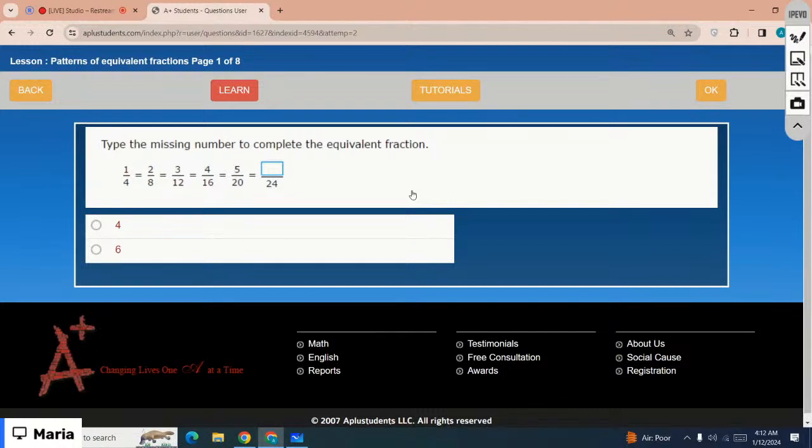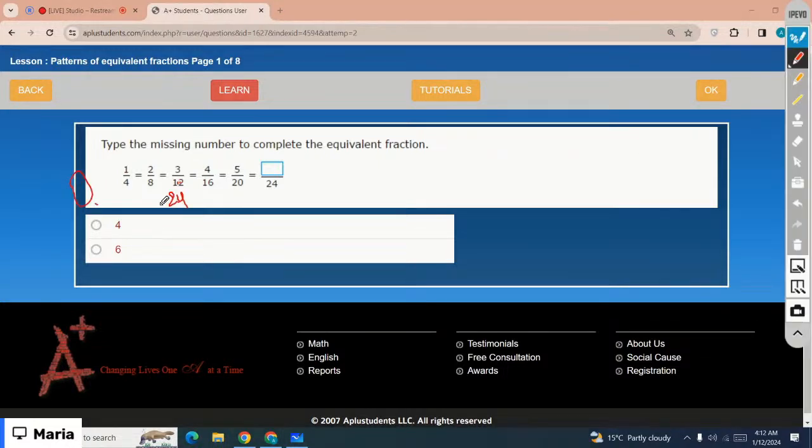Type the missing number to complete the equivalent fraction. So which number is missing? Just look at the first one, 1 over 4.